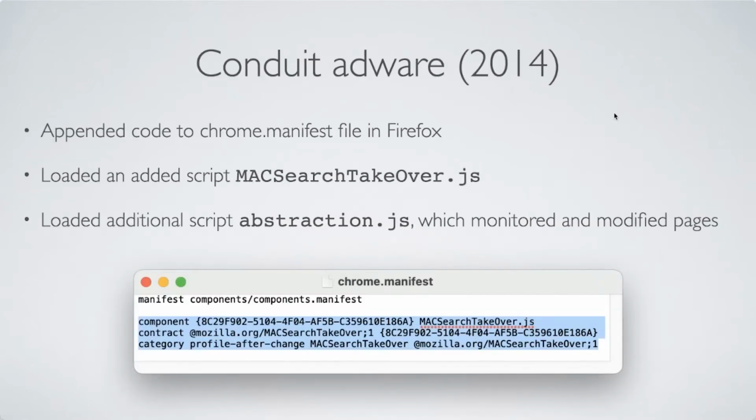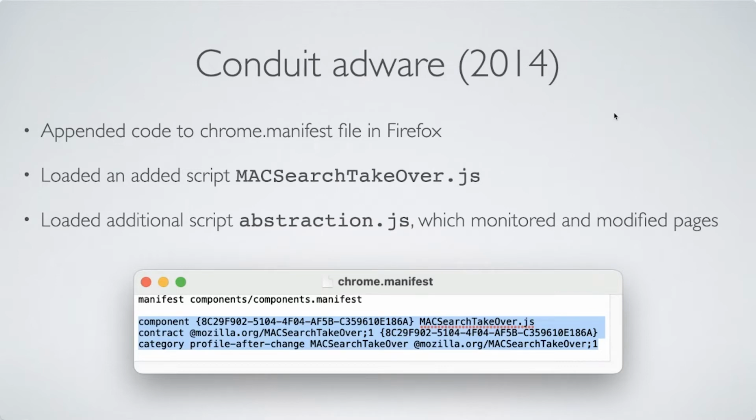Back in 2014, we saw some adware called Conduit. This was adware, so a little bit less severe than true malware, where it's trying to get your data or harm you in some way. But still, adware is pretty nasty. Definitely not something you want on your machine.